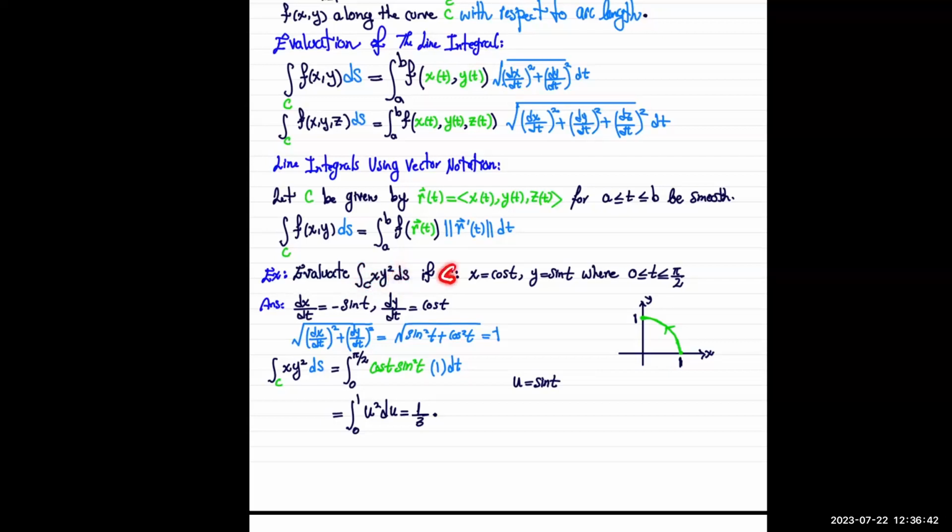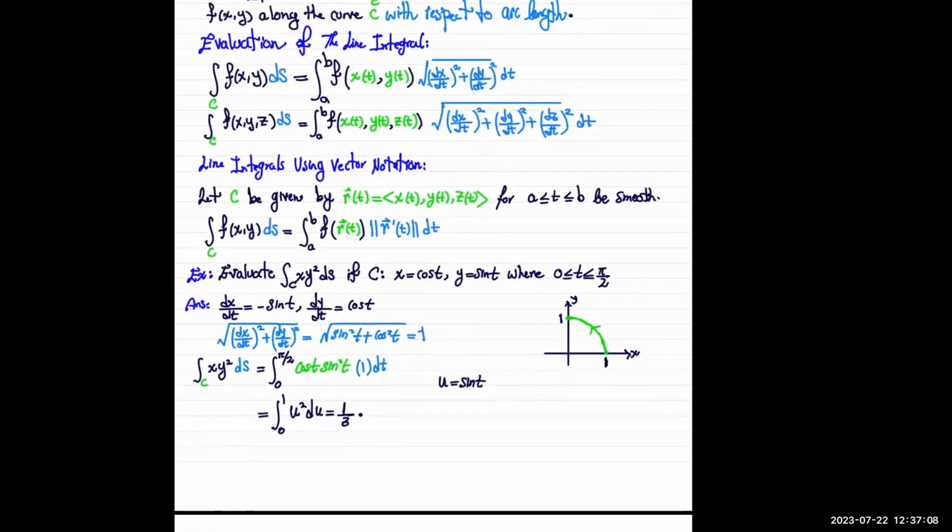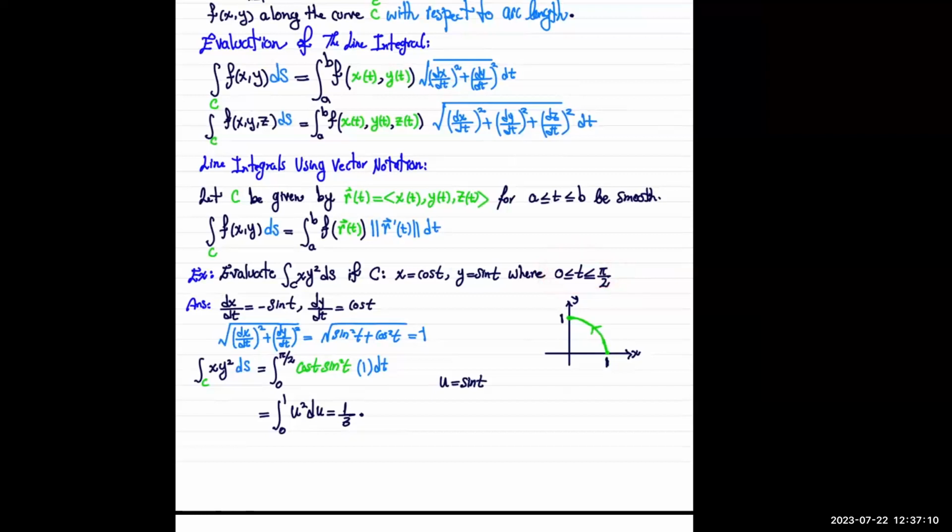And here C is given by x equal to cosine of t, y equal to sine of t, where t goes from 0 to pi over 2. You do know that this is the parametrization for a circle of radius 1, because there's just 1 in front of sine and cosine. And when t goes from 0 to pi over 2, the arc is just a quarter of a circle.